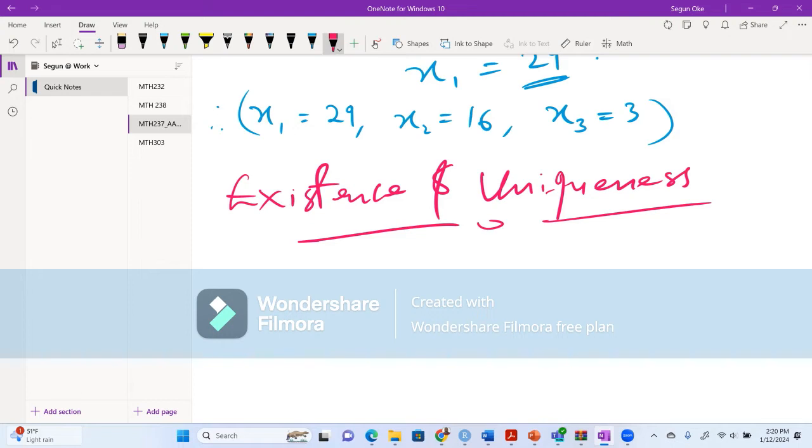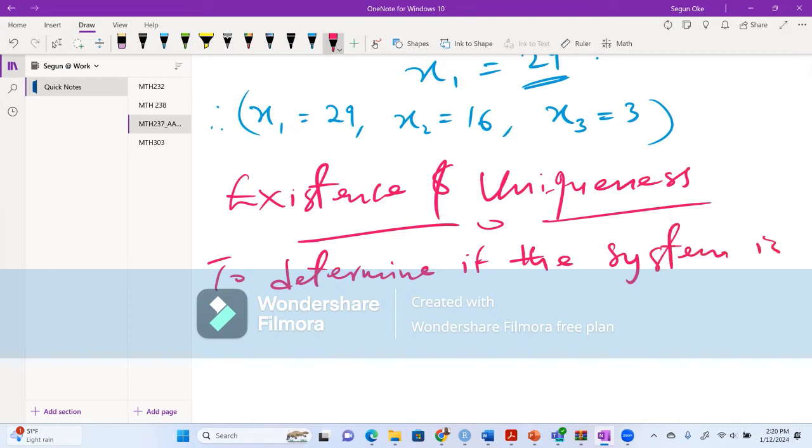So we want to determine if the system is consistent or inconsistent.